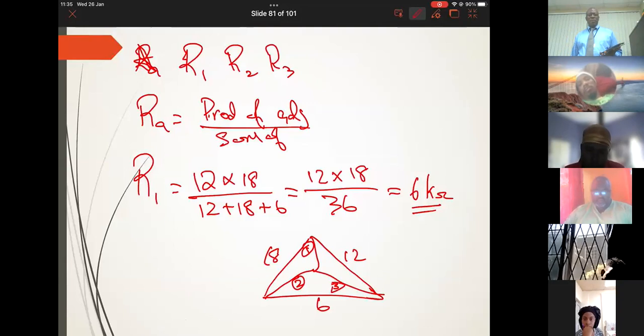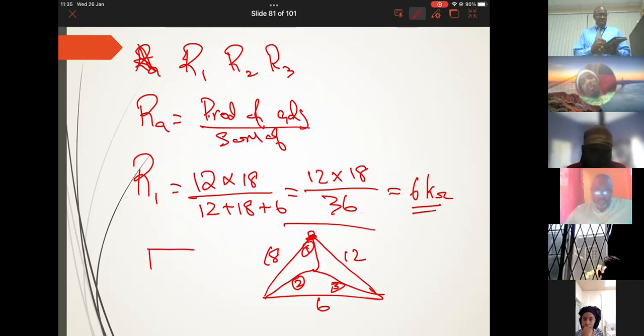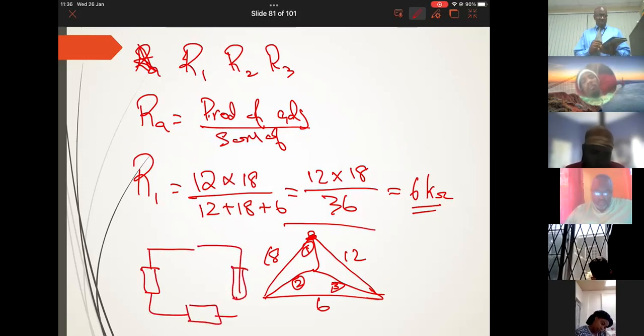Is that any better? Yes, sir. So I'm saying all we have done, where you would have had a point up here, I've just stretched it out into a line. So you would have 18, 6, and 12. It's no different. Okay, sir. All right? Yes, sir. Good.